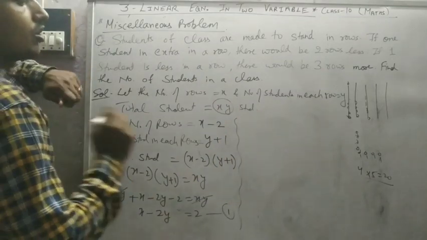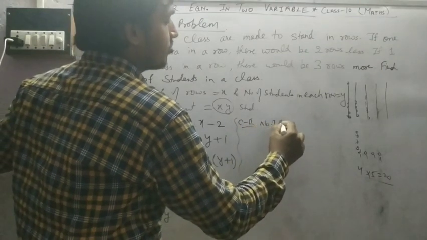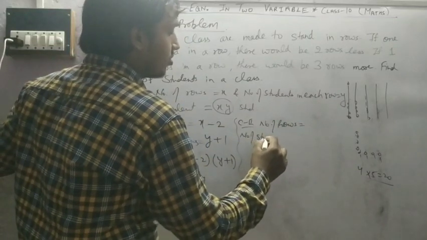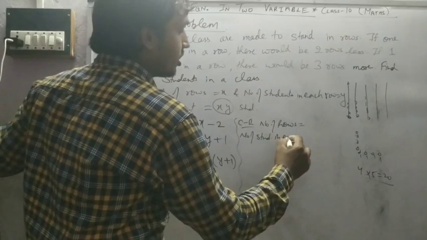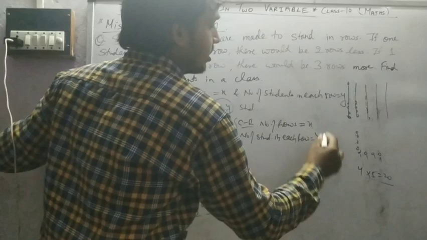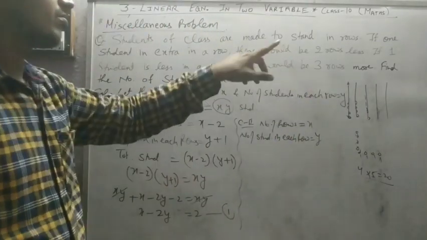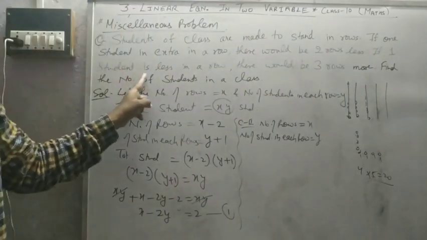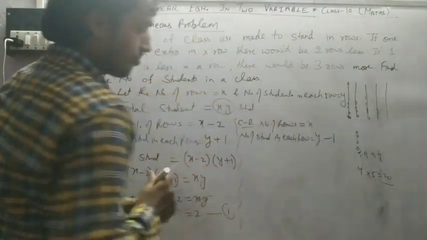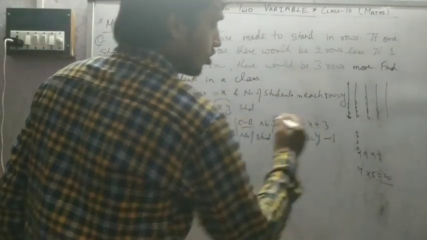Same concept used in case second. Number of rows, number of students in each row, x, y. Initially we suppose them x, y, but the condition is, if one student is less in a row, means one student less, there would be 3 rows more. 3 rows more.